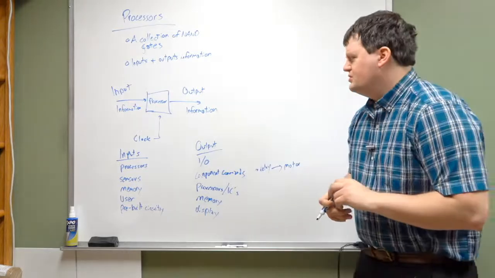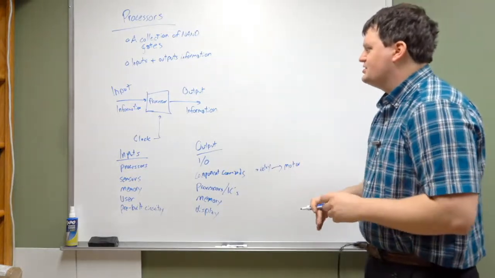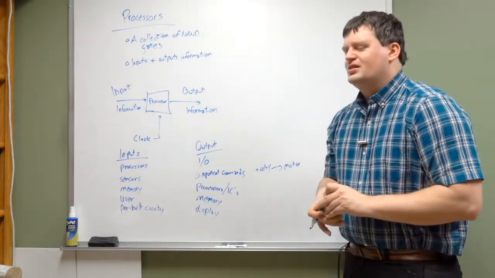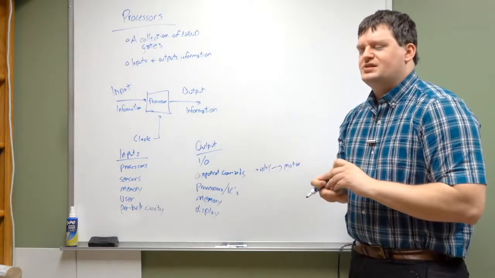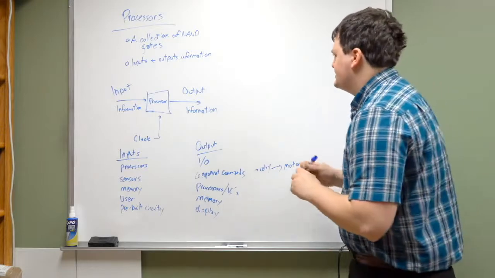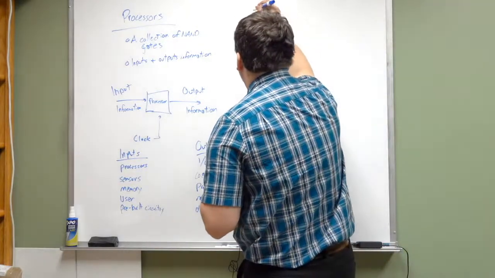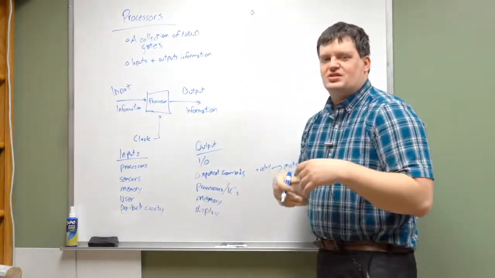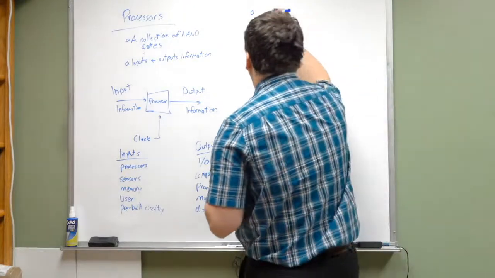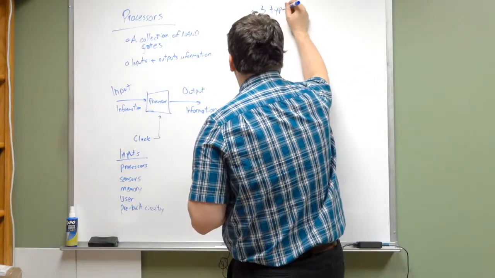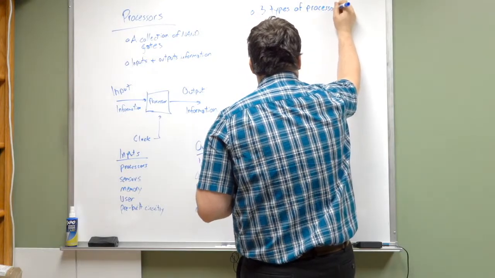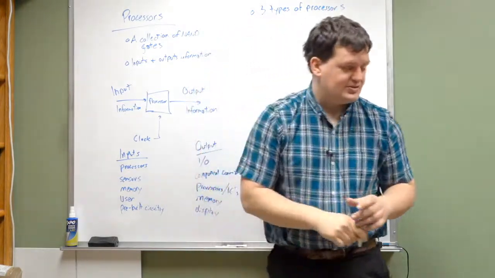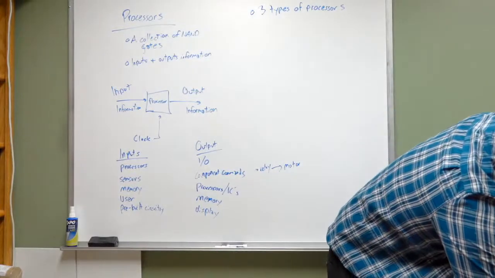So if we're going to take this knowledge now, in order to really understand processors, there are 3 types of processors that the book gives you. And I need to make sure that I'm using the correct lingo here.